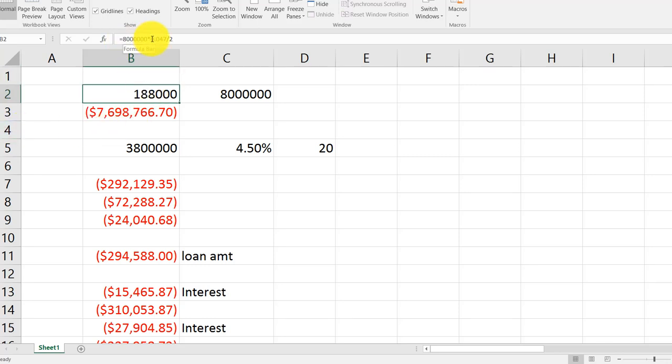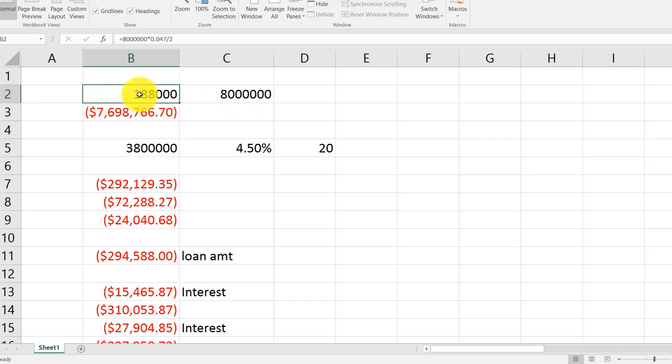So we take the $8 million. Bond payments are always calculated by multiplying the face value times the coupon rate, which in this case was 4.7%, and then divide by 2 because bonds pay semi-annually. So the face value is $8 million.